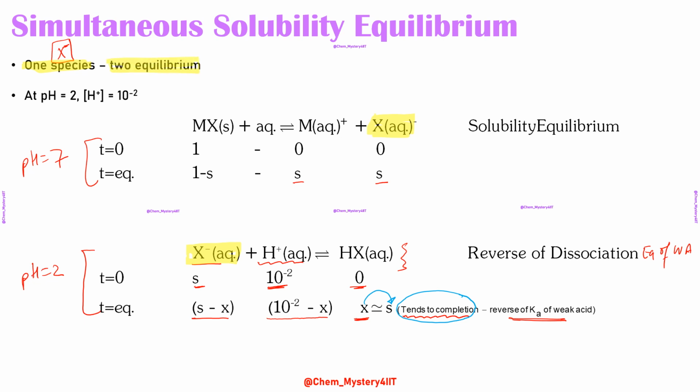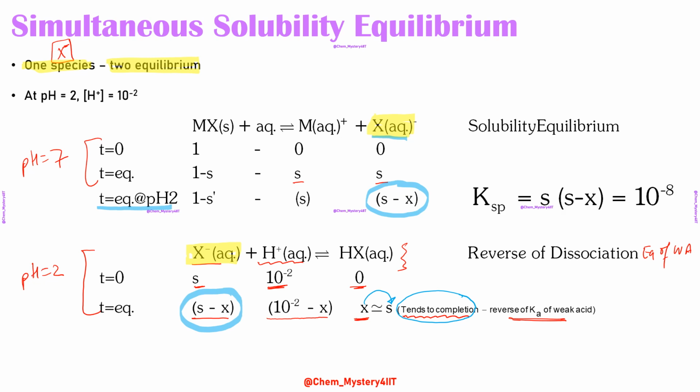So its concentration in one equilibrium over here and its concentration in this equilibrium over here must be the same. Here we have done so. So finally, when pH is equal to 2, the simultaneous equilibrium is going to give us the very same value of the Ksp.